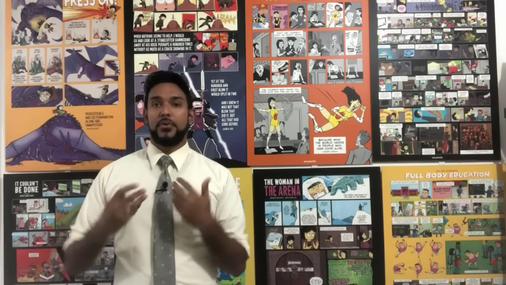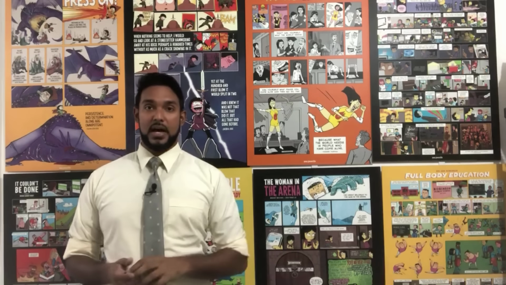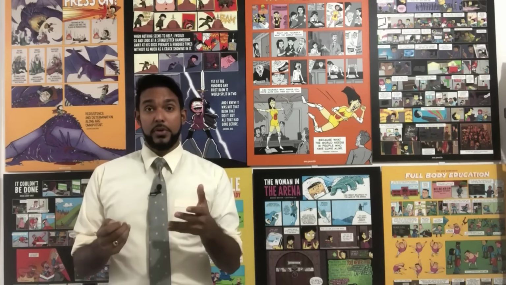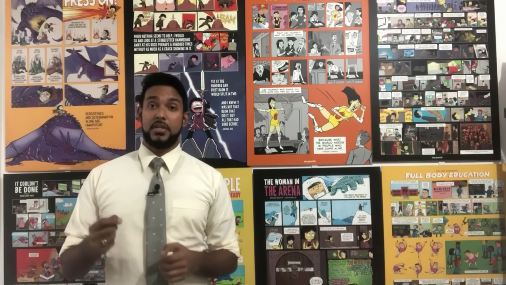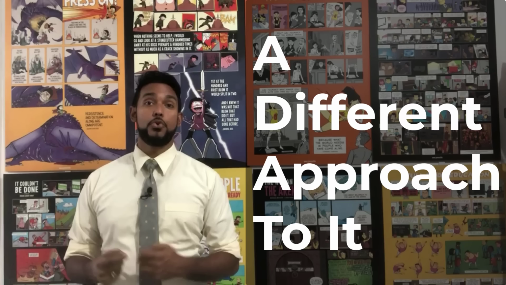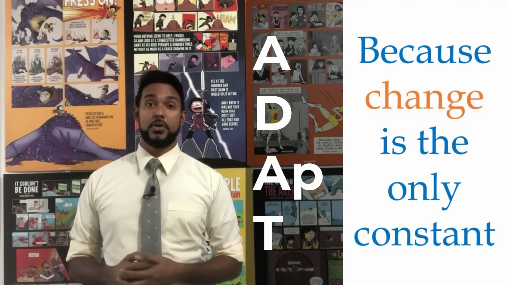And of course, you're bound to encounter some roadblocks here and there, and it's okay to ask for help, right? And if what you are doing is not working, then you're going to need to change what you're doing. You're going to have to try a different approach. Adapt, because change is the only constant.